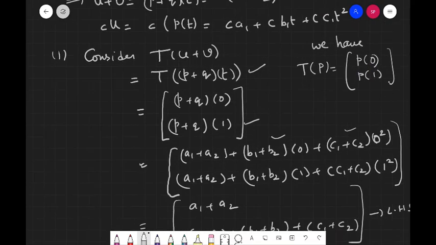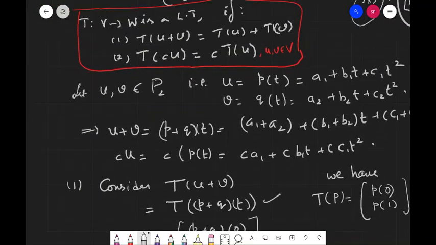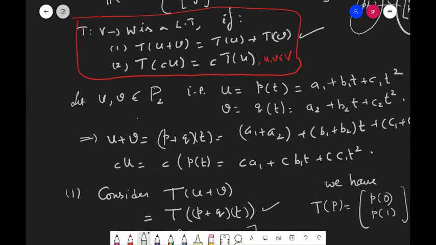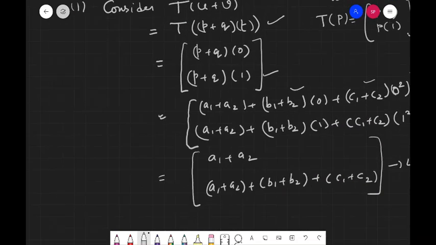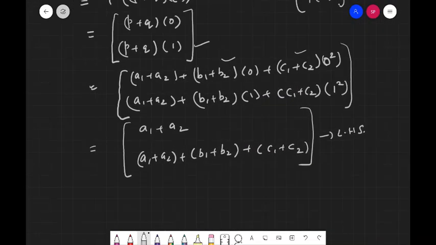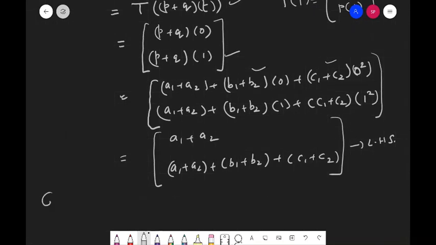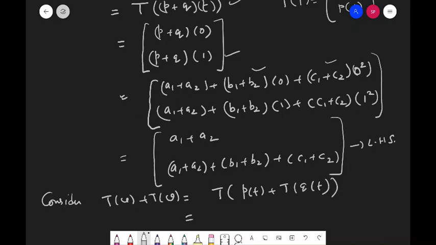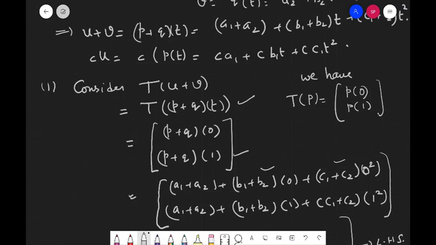So you have to prove that T of U plus V is equal to T of U plus T of V. So I just found T of U plus V. So this is LHS. Then I will consider now T of U plus T of V, that is T of P of t plus T of Q of t. Now by definition, what is T of P of t?